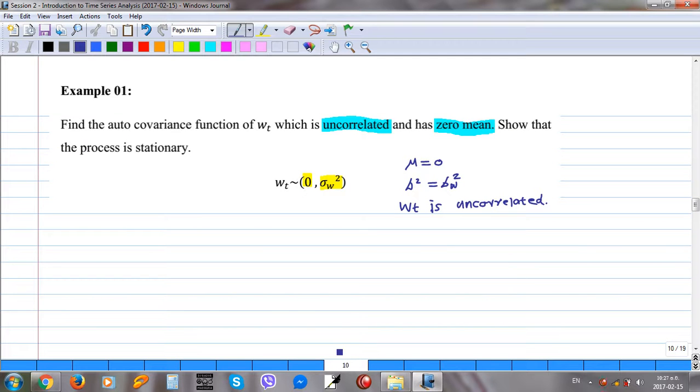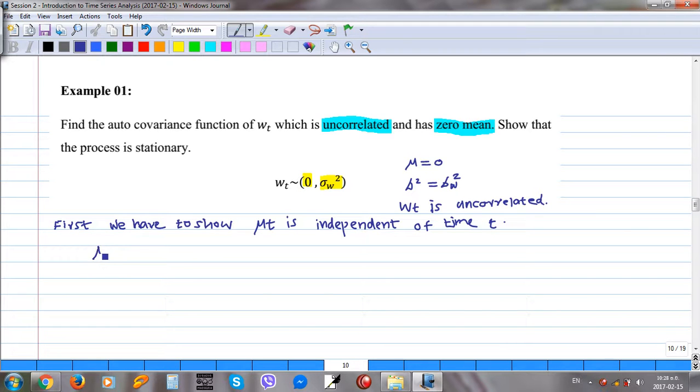First thing is you have to show mu t is independent of time t.